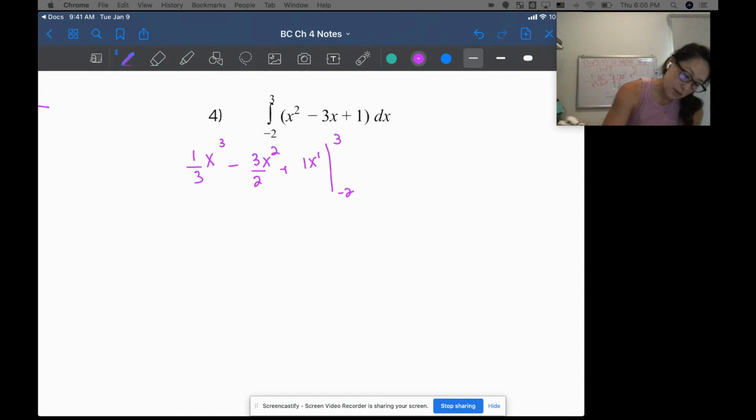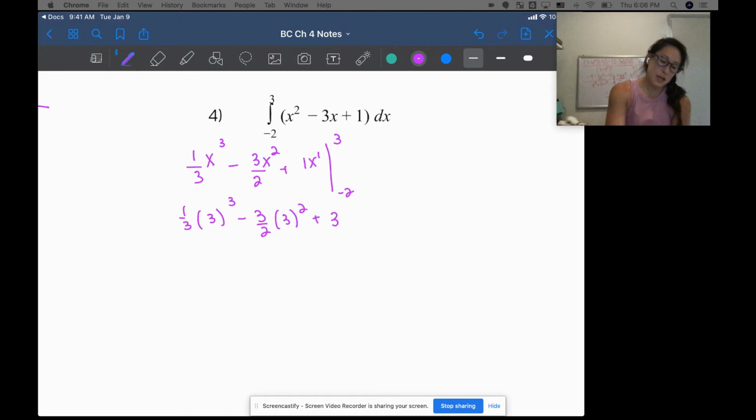All right, so evaluate. I get 1/3 times 3 cubed minus 3 over 2 times 3 squared plus 3. So remember, you plug in 3 for every x, and then we subtract out the function using the value of -2.